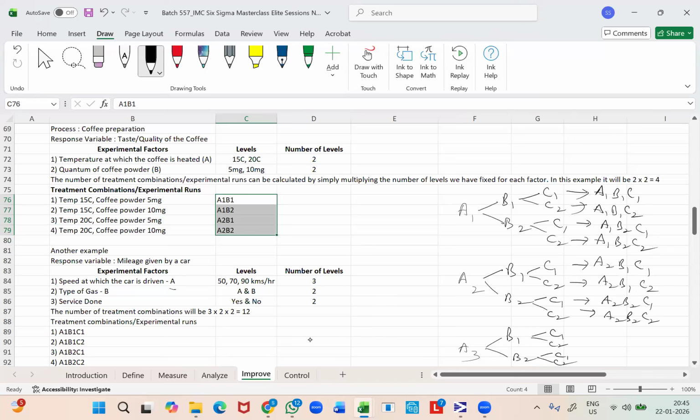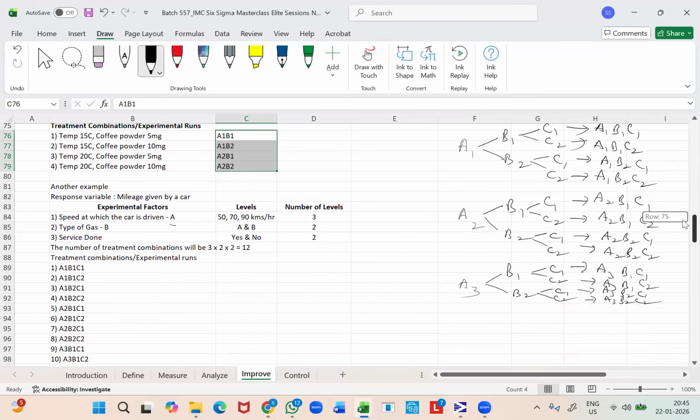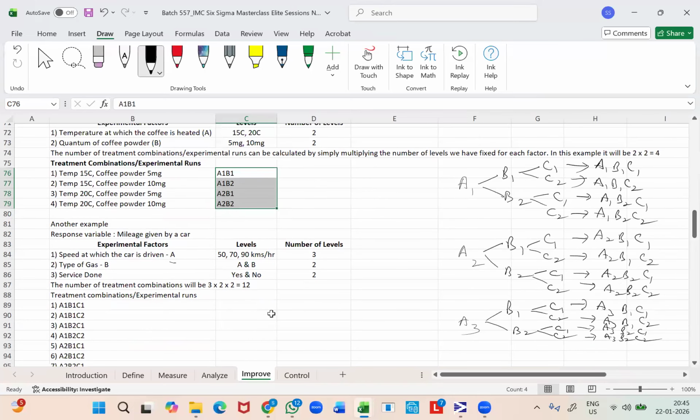Now the A2 part is over. Now moving on to the A3 part. A3, B1, C1, A3, B1, C2, A3, B2, C1, and finally A3, B2, C2, right? So these are the various treatment combinations that I can create for this scenario.